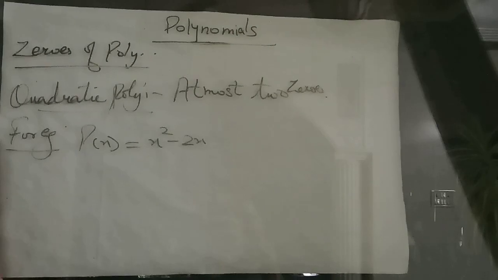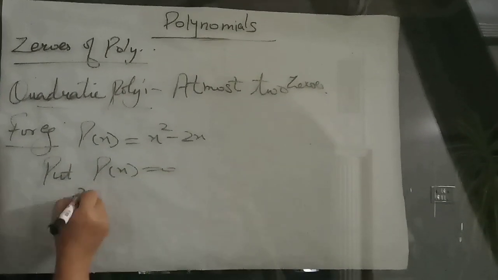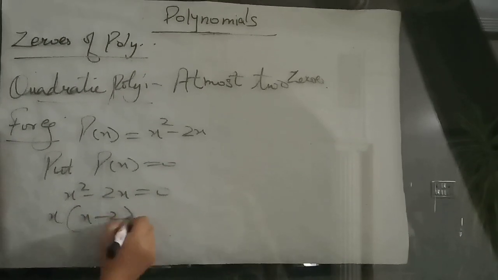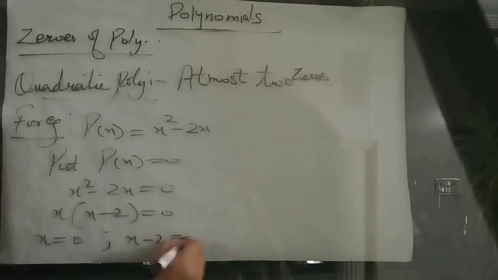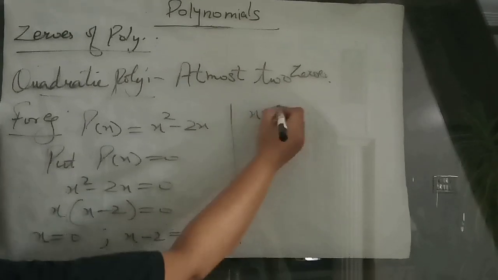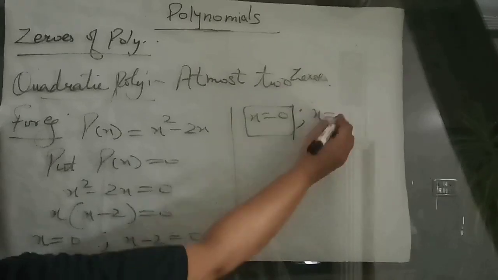Put the polynomial equal to 0, that is x square minus 2x is equal to 0. x is common, so x(x minus 2) is 0. Either x is 0 or x minus 2 is 0. So it implies either x is 0 or x is equal to 2.